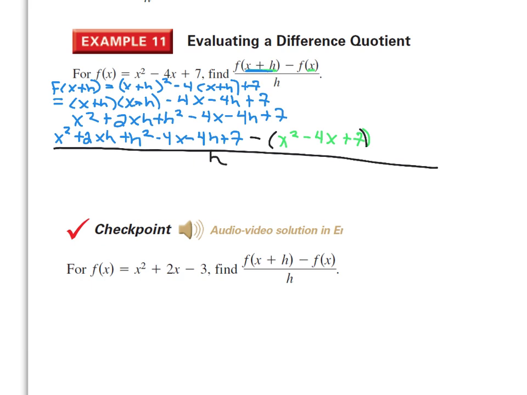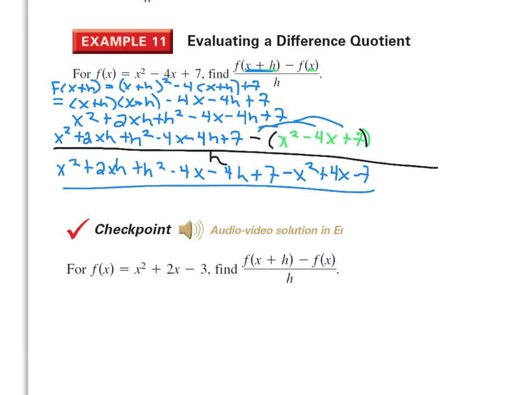So if I'm going to take that negative all the way through here, my function now is x squared plus 2xh plus h squared minus 4x minus 4h plus 7, take the negatives through, minus x squared plus 4x minus 7, all over h. What we're going to do now is see what we can take care of.